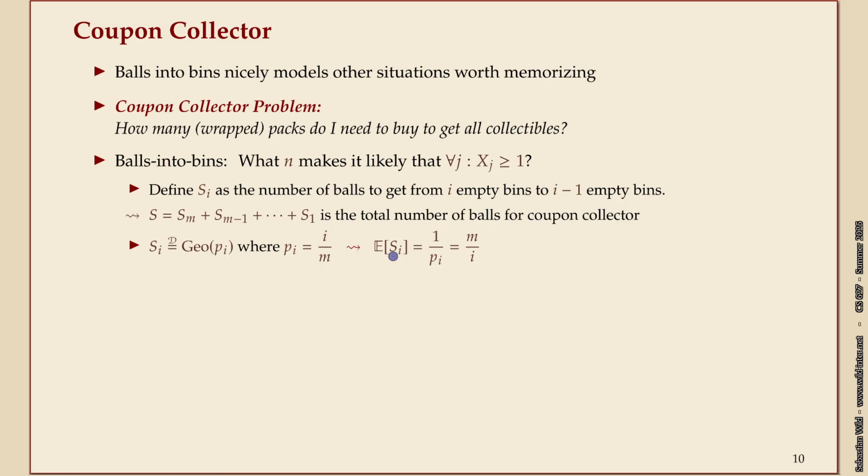But the expectation is always 1 over the probability for a geometric random variable. So it's easy to memorize and reuse here. So we can just compute the expectation. How many balls do you have to throw to get all bins covered is the sum of the expectations of these S_i, which is their inverse probabilities. And that just adds up to m times harmonic number H_m, or m log m roughly.